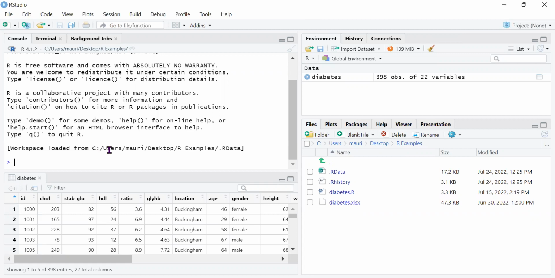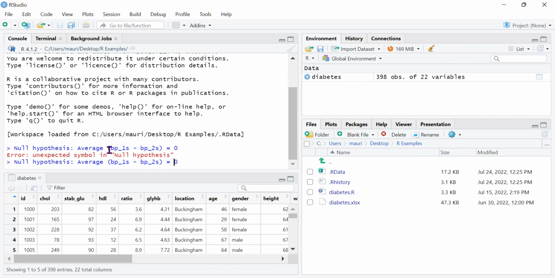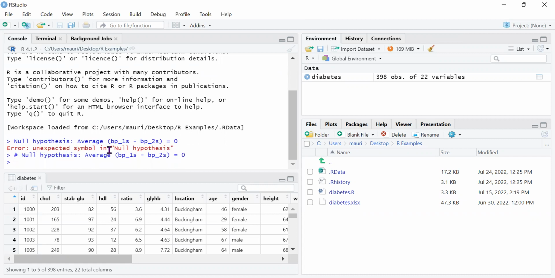In our example during our t-test tutorial, our null hypothesis is that the average of blood pressure 1S minus blood pressure 2S equals 0.